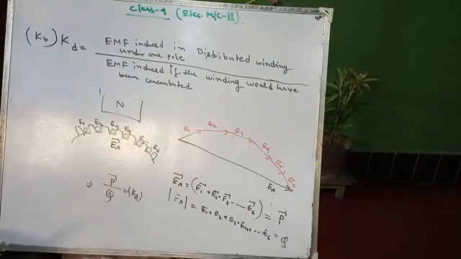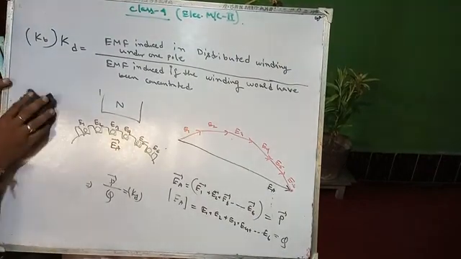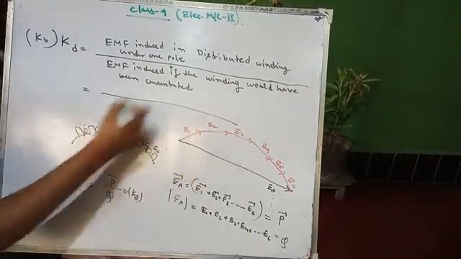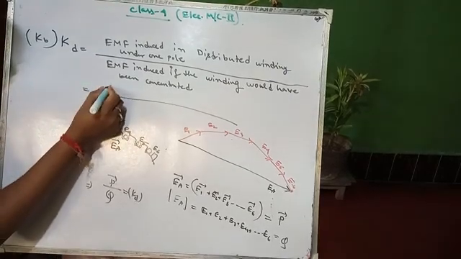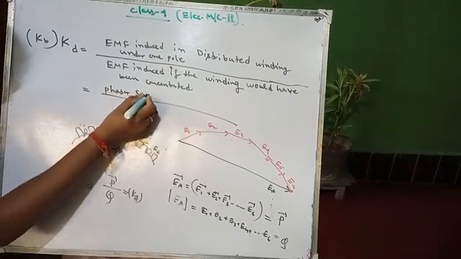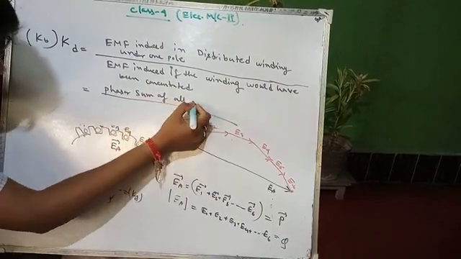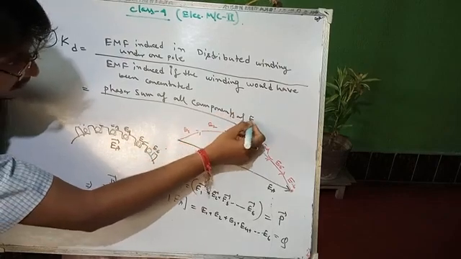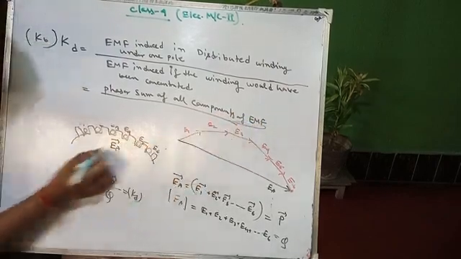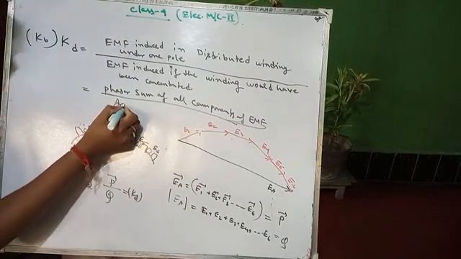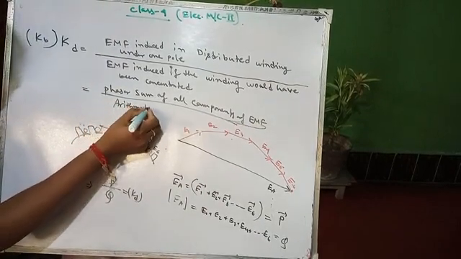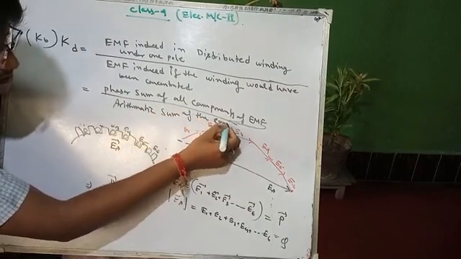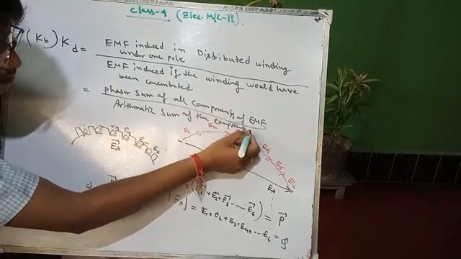Now write another expression under this one: the phasor sum of all components of EMF divided by the arithmetic sum, or algebraic sum, of the components of EMF.